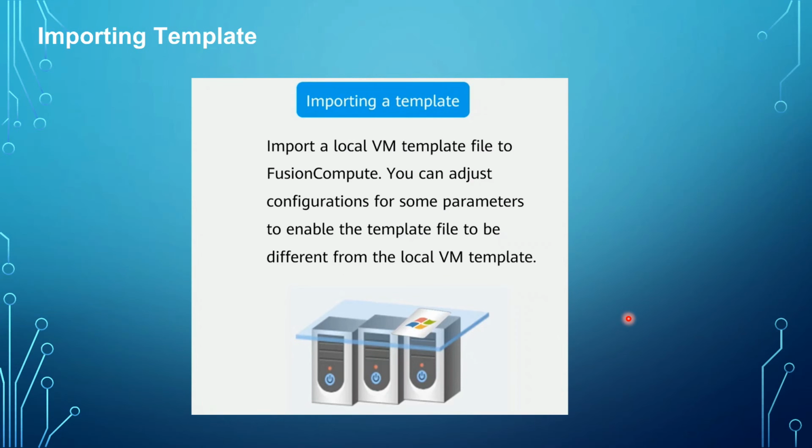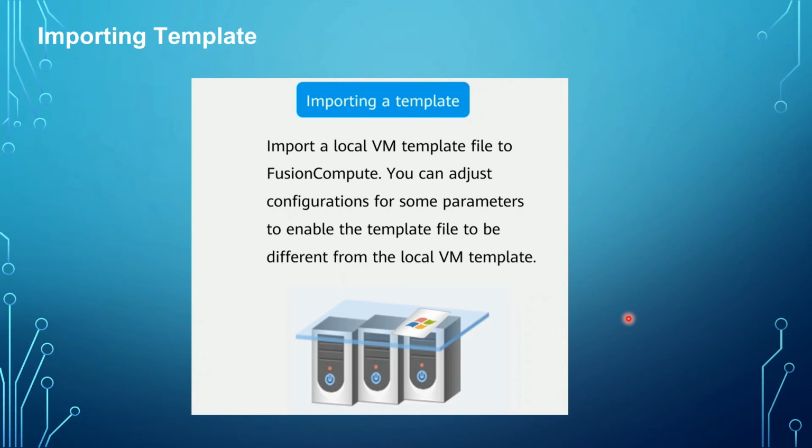If the format is supported, you can import it to the FusionCompute environment, and you will get the operating system, application, everything in the template. If the application is already installed and everything is set up, you don't need to do these things again and again. You can just import your template and power on your VM, and all the applications and everything will be available there. So this option is also available. We can do that as well.